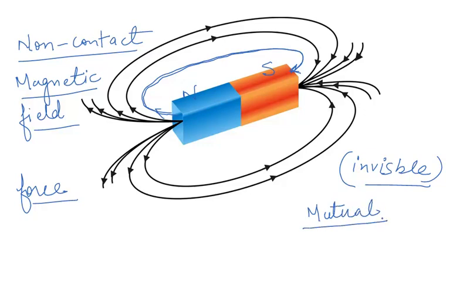If magnet 1 is responsible for some attractive or repulsive force, then magnet 2 will also exert the same amount of force on magnet 1. That is the meaning of mutual. If M1 is repelling M2, then M2 is repelling M1 with the same amount of force. This is the meaning of mutual.